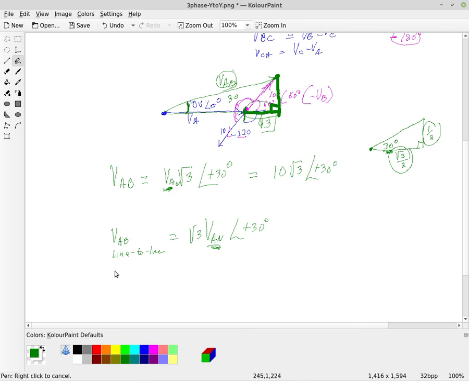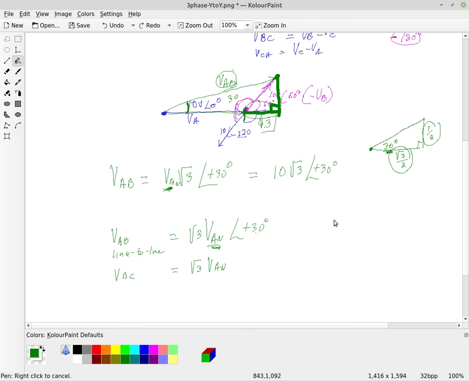And then VBC is going to be 120 degrees behind that. So that would be the square root of 3 times VAN, and it's 120 degrees behind this.